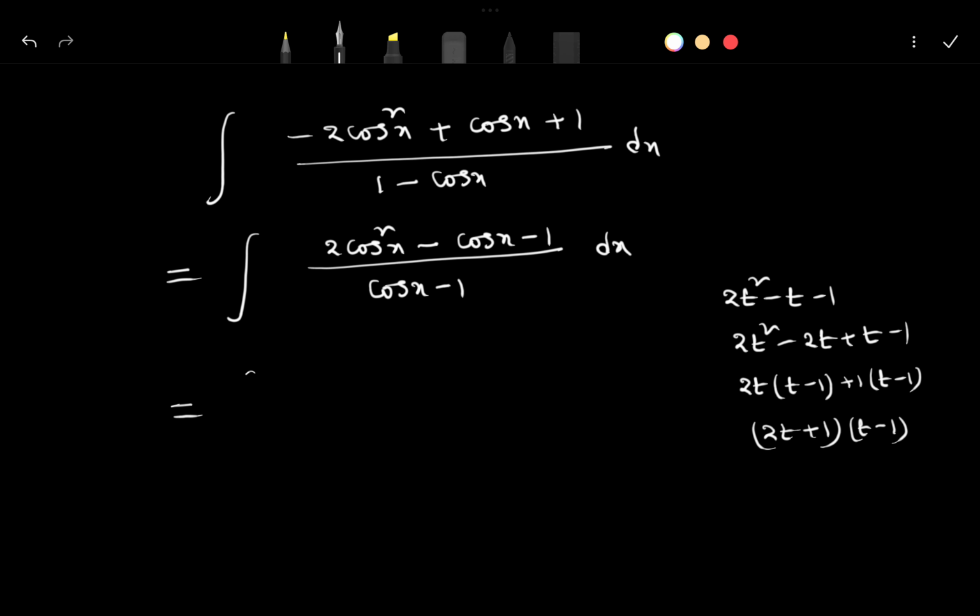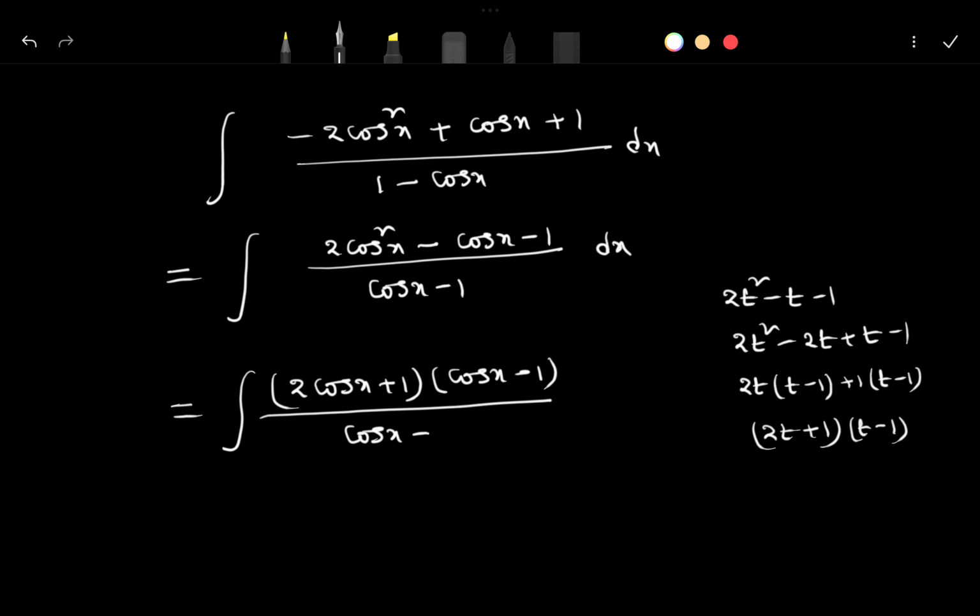So according to this, integration of 2 into cos x plus 1 into cos x minus 1, whole divided by cos x minus 1. See, the numerator and denominator have a common factor, cos x minus 1, which cancels.